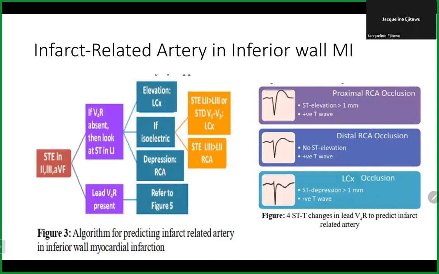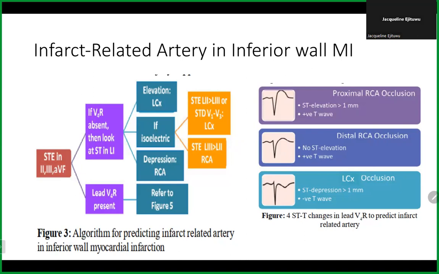So this is just a summary of the algorithm. Usually the confusion is in inferior wall myocardial infarction. Is the occlusion in the right coronary artery or the left circumflex artery? So once there is ST elevation in the inferior leads, the next thing to do is to do right-sided chest leads.